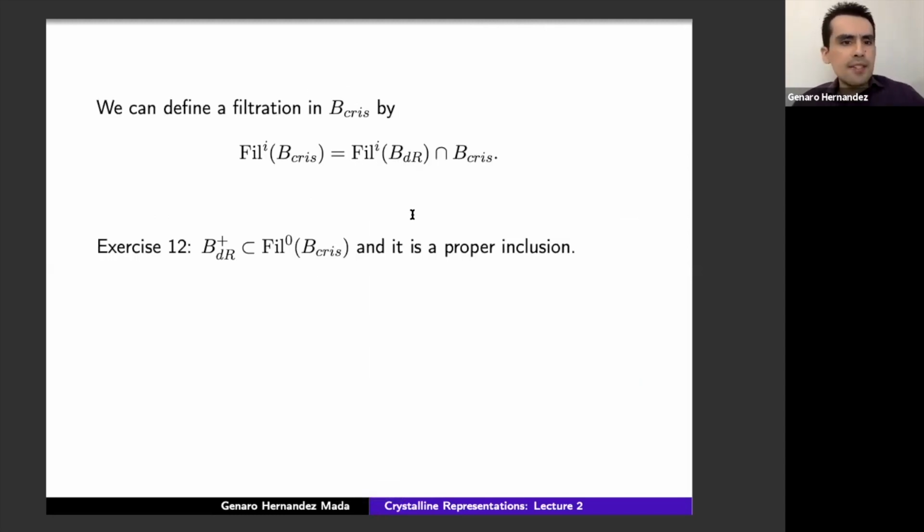As an exercise, you can check that B_cris^+ is inside the zeroth term of the filtration, and this is a proper inclusion, so these are not equal.